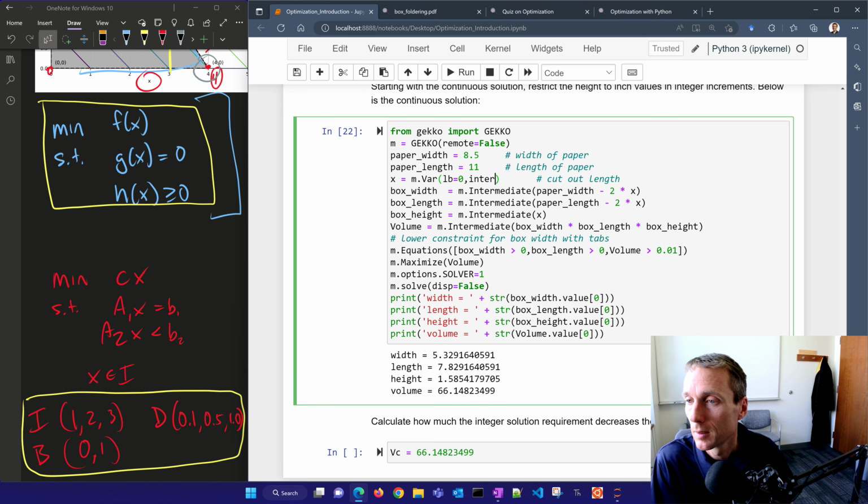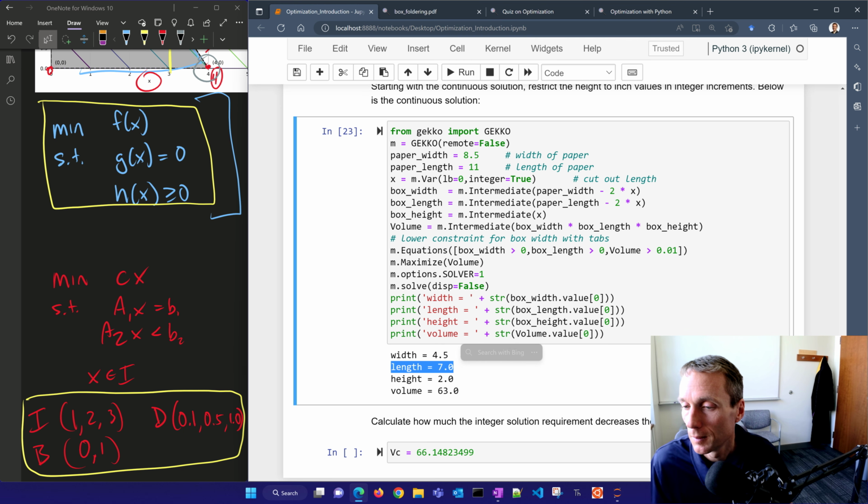Okay, so integer equals true. If we solve it again, we'll see that the height came out to be an integer value. And then you can see that the length as well is an integer value. But the width is not, because you got minus 2x. So x is equal to 2, so you're subtracting 4. All right, so there's my width, length, and height of the box.